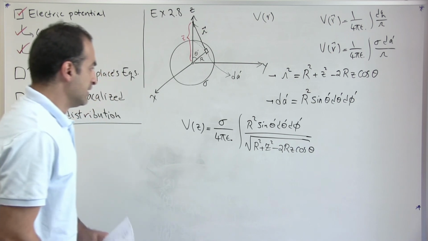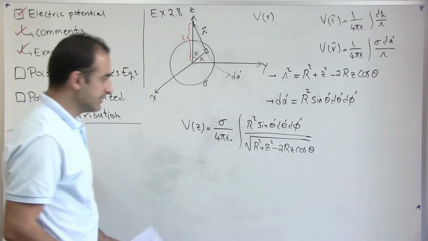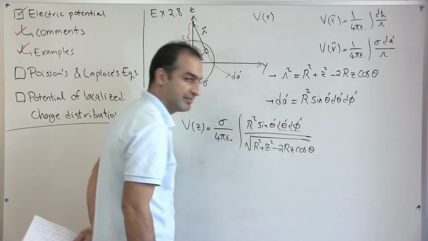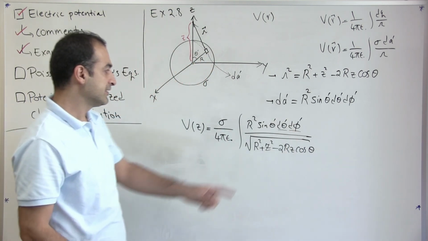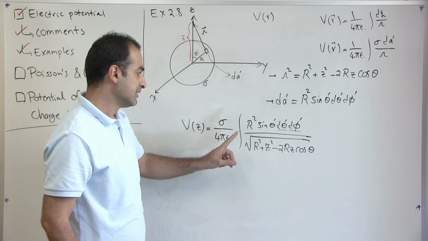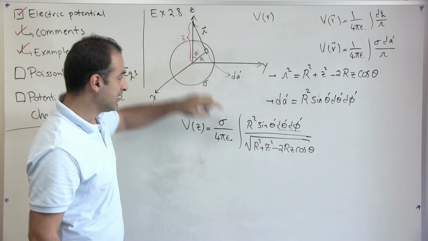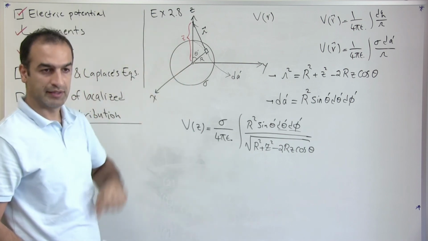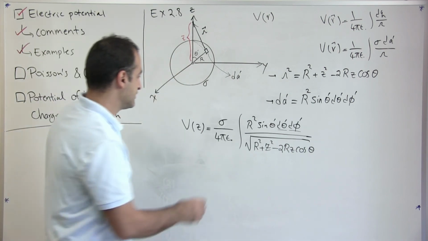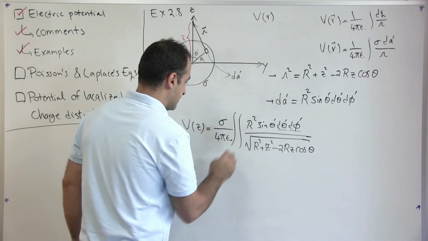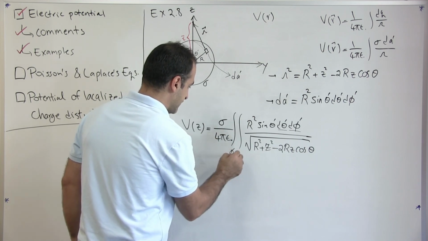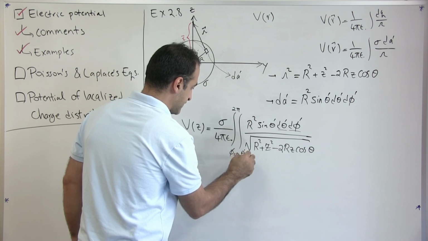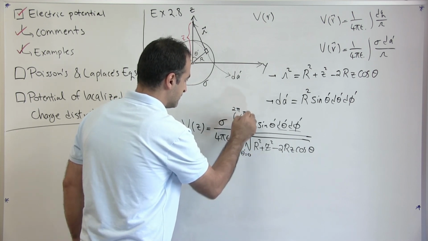Here again, the integral is over d theta prime and d phi prime. d theta prime runs from 0 to pi, d phi prime runs from 0 to 2 pi. So basically it's a double integral with phi prime running from 0 to 2 pi and theta prime running from 0 to pi.